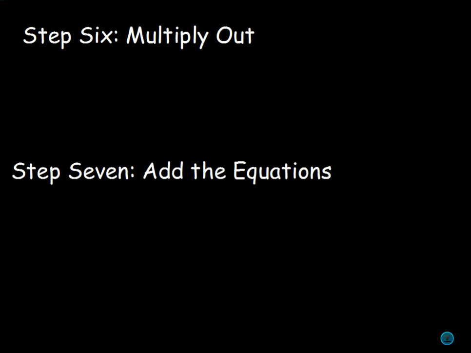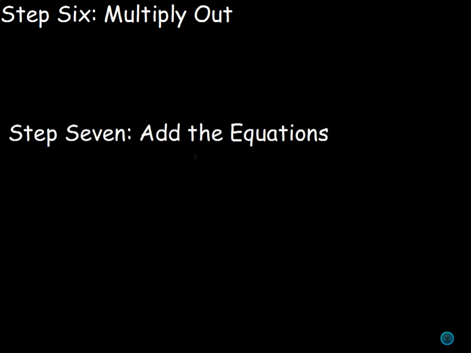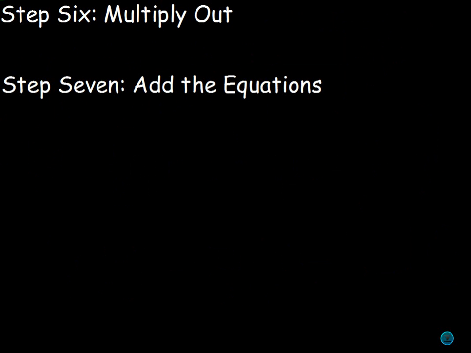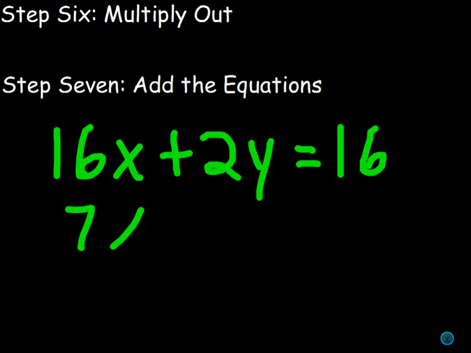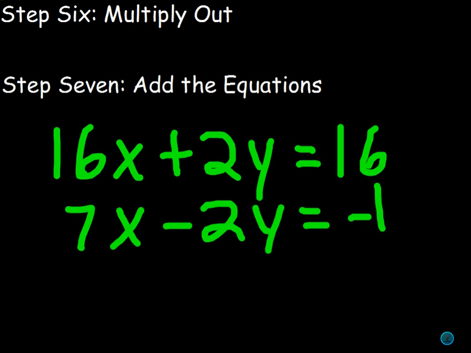All right, now that we've multiplied that out, we can add the equations. So on the top we have 16x plus 2y equals 16. In the bottom it's 7x minus 2y equals negative 16. All right, so let's add these. I'll just put a parentheses around the second.